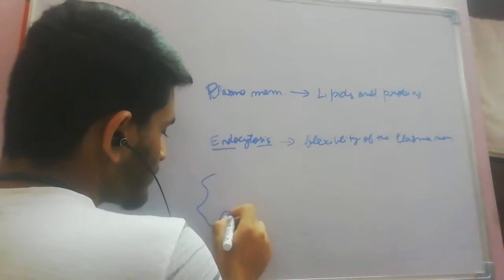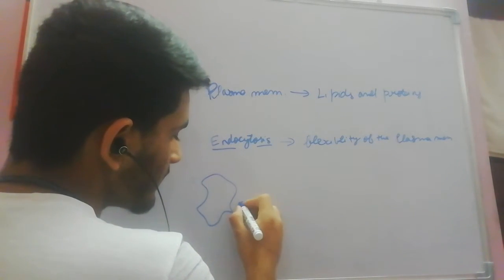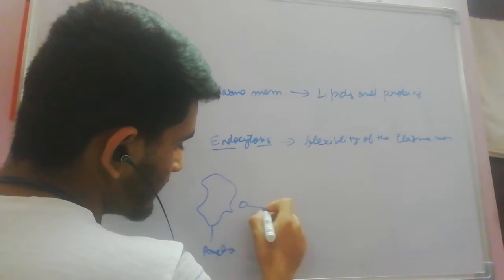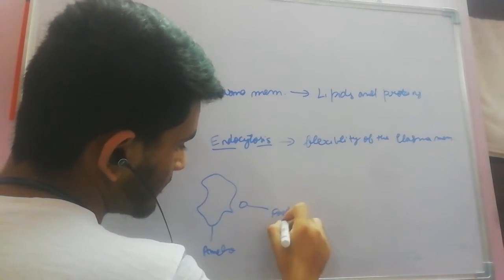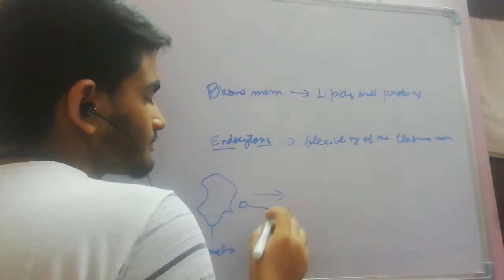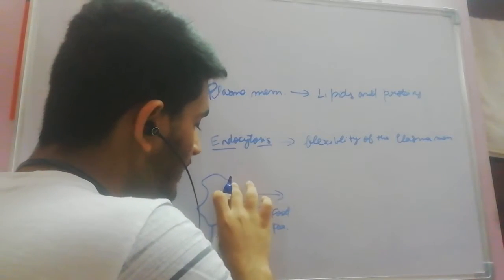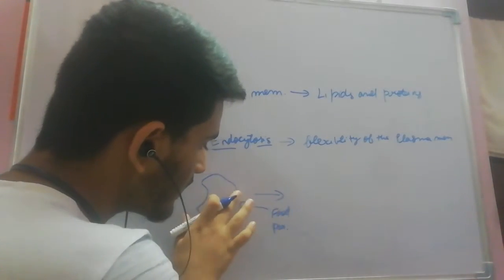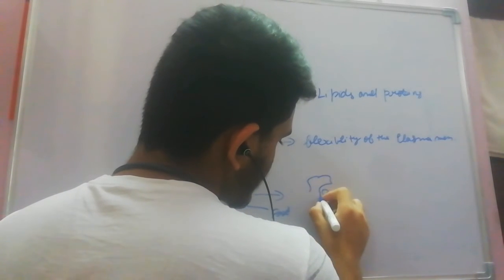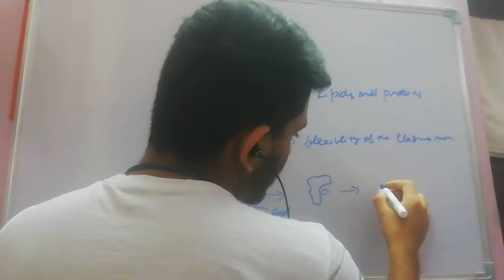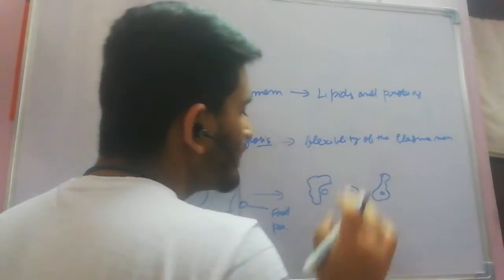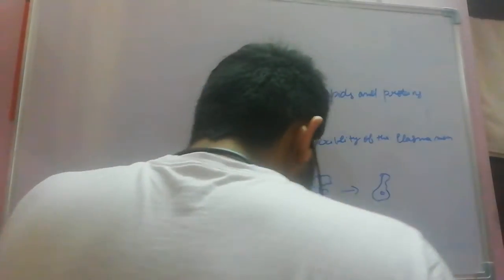If we take the case of amoeba, this is the amoeba and this is the food particle. Now, what will the amoeba do? The amoeba will move itself on top of this food particle like this, and then finally it will engulf this food particle and store it or eat it.